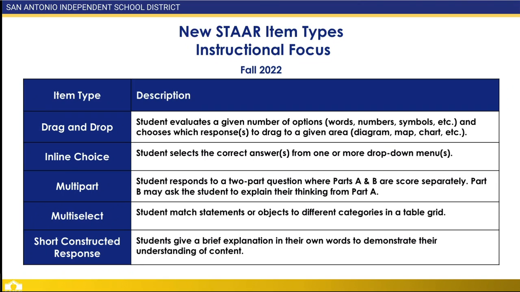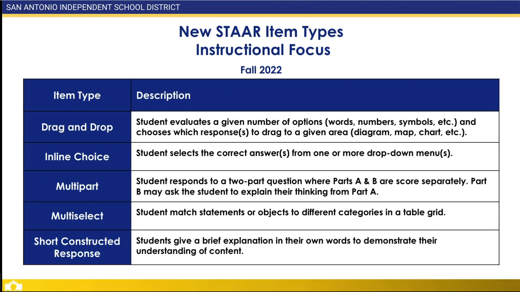Next, we have multi-part, in which a student responds to two-part questions where Part A and B are scored separately. Part B may ask the student to explain their thinking from Part A. Up next is multi-select, in which students match statements or objects to different categories within a table grid.